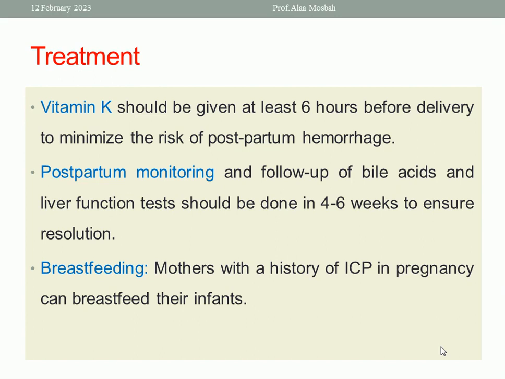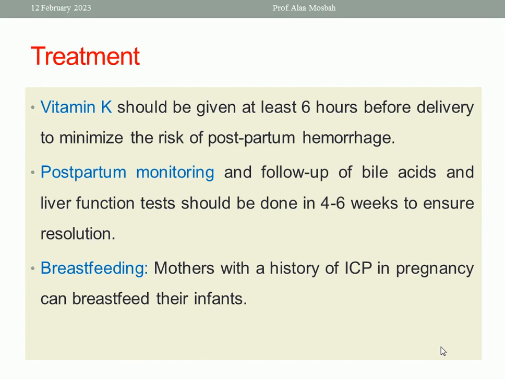By the way, cholestyramine, which is used for treatment of intrahepatic cholestasis, also leads to decreased vitamin K. So I have two factors, the disease itself and the treatment, which can deteriorate the condition. So yes, vitamin K, it's better to give it 6 hours before delivery to minimize the risk of postpartum hemorrhage. It is better.